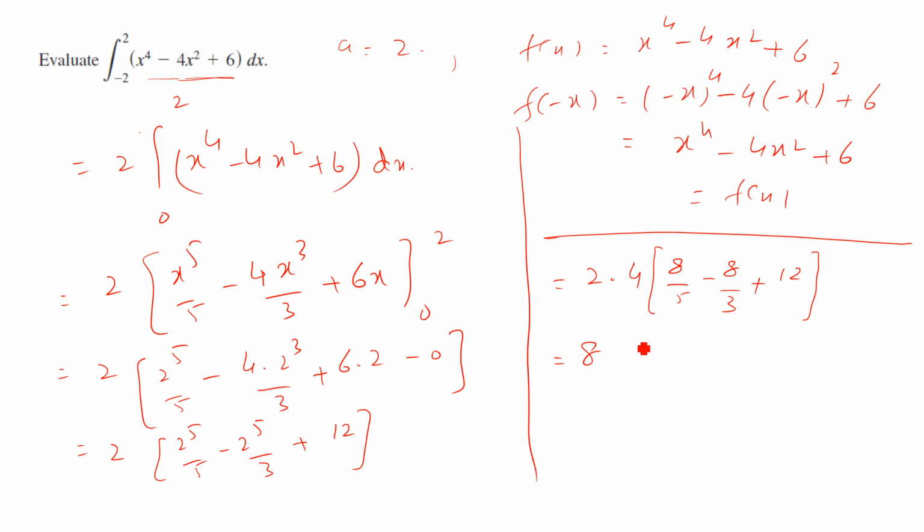This is 8, and we have the LCM 15: 24, 40, plus 180, and we have 180 plus 24 minus 40.